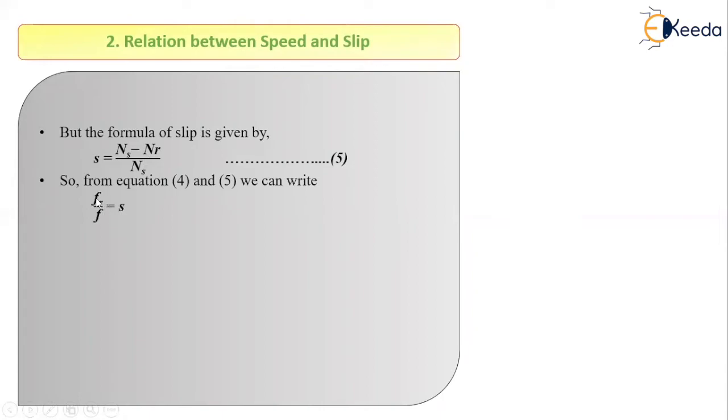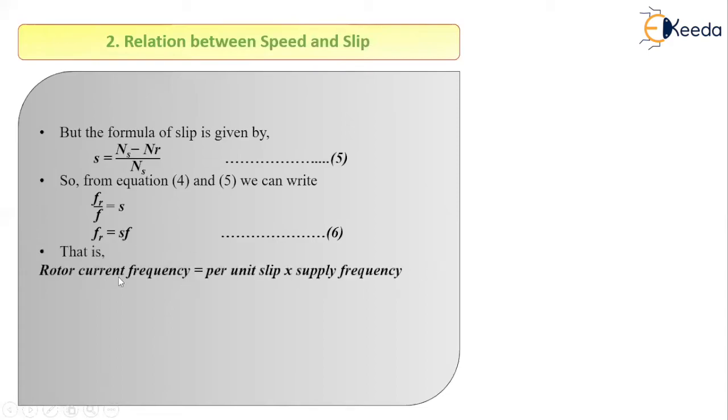So the ratio of the rotor frequency to the supply frequency is equal to slip. By further modification, Fr = S × F. So we can say that the rotor current frequency is equal to the per unit slip multiplied by the supply frequency.